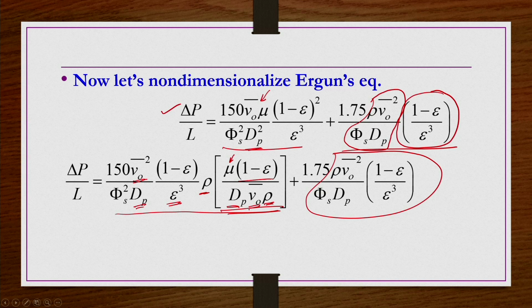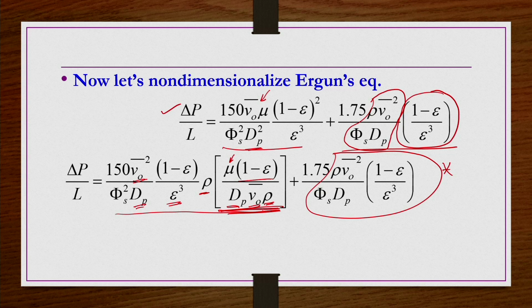Now, why are we doing these things? This particular rounded term will be taken common. So, we have 150 multiplied by this term, and if you multiply, that will be mu 1 minus epsilon by dP V naught bar rho plus 1.75. What is the term in this square parenthesis?